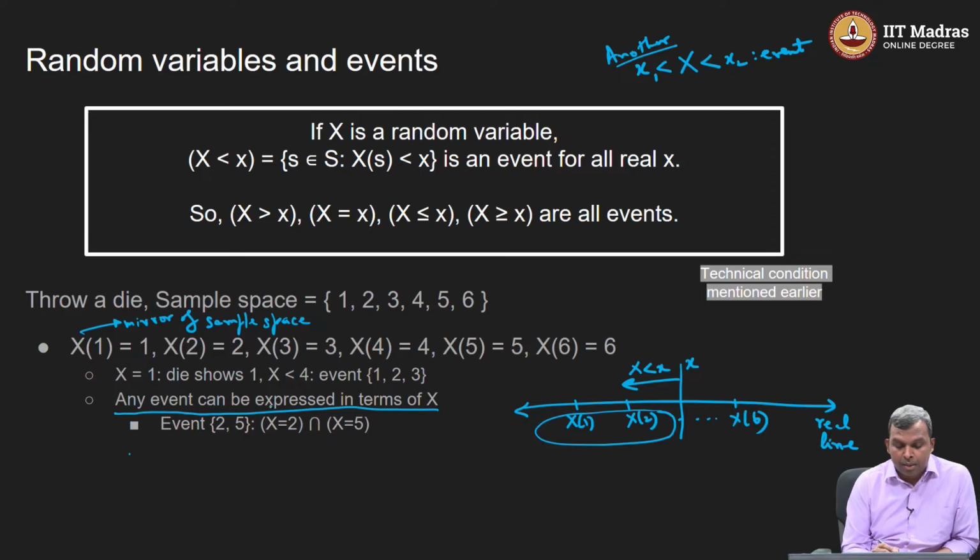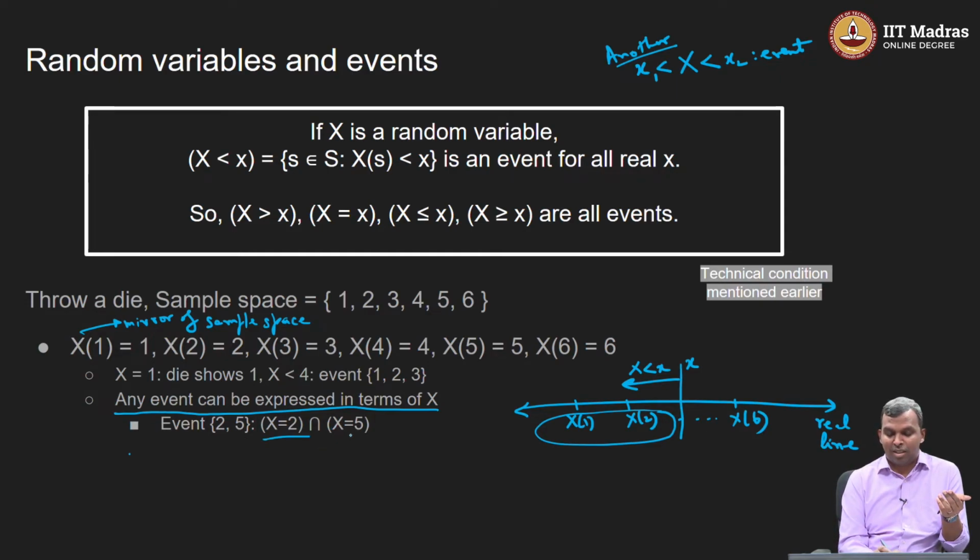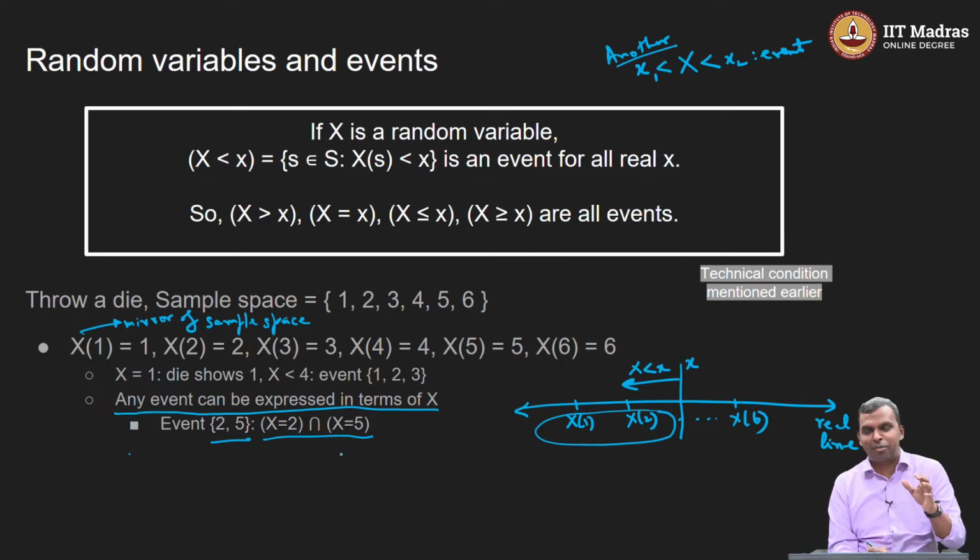So any event that you possibly have in the sample space, you can define it using X in this fashion. It's sort of a trivial thing to say, but it's important. That's why you can worry about random variables and little else. This is really needed most often. So this is a simple example that we looked at.